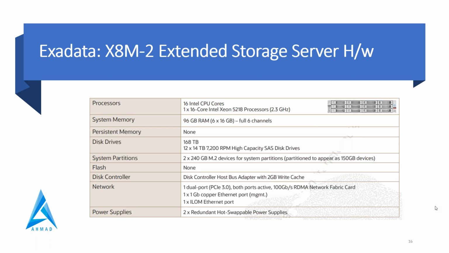This storage server includes 12 14 TB SAS disk drives. If you see here in the disk drive, you can find this thing. To achieve a lower cost, flash is not included and the storage server is optional. For the X8M generation, the XT extended storage server benefits from the addition of the 100 GB per second network.